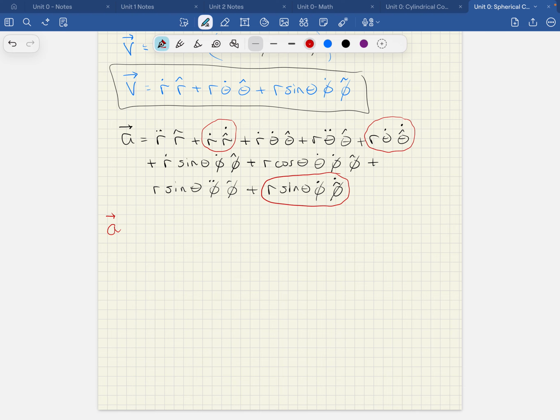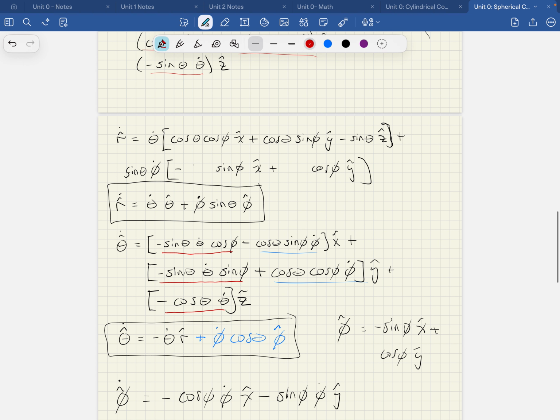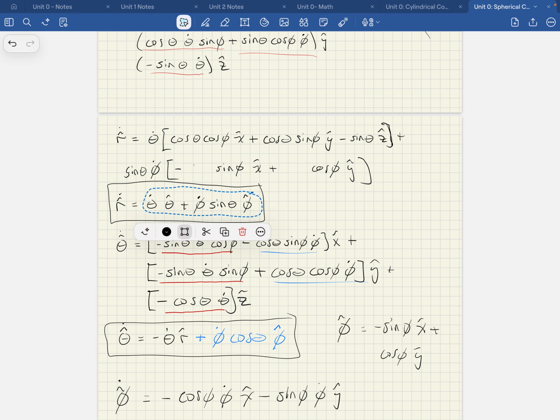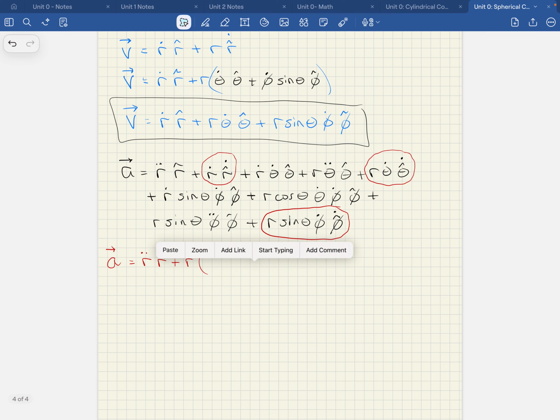A vector is equal to r double dot r hat plus r dot times, and now we need r hat dot, which is this guy. Plus cut, paste.